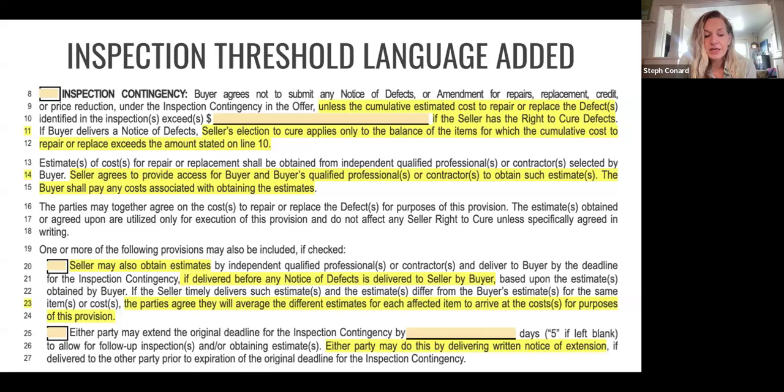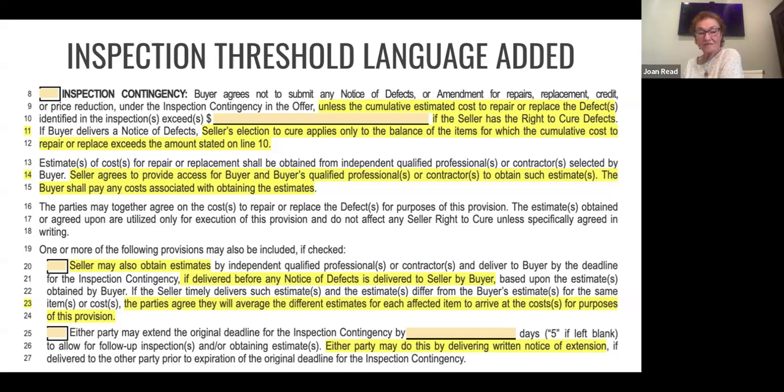If that box is checked, that's saying that either the seller or the buyer can just go ahead and extend the inspection contingency by 5 days just by delivering a notice. So parties do not have to agree upon it. If this box is checked, it can just be done with a notice, which is really nice, actually.